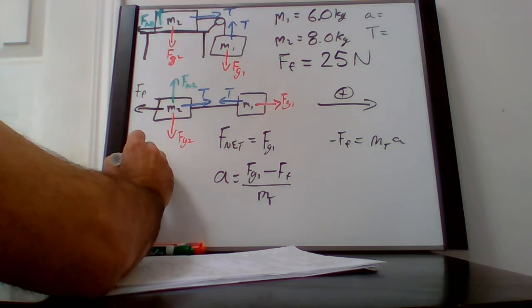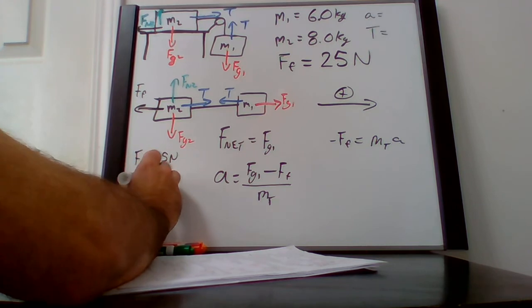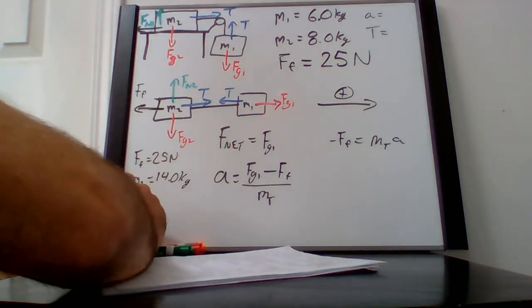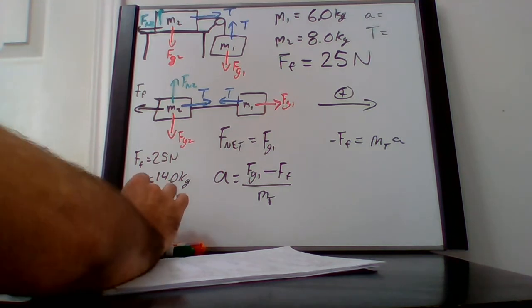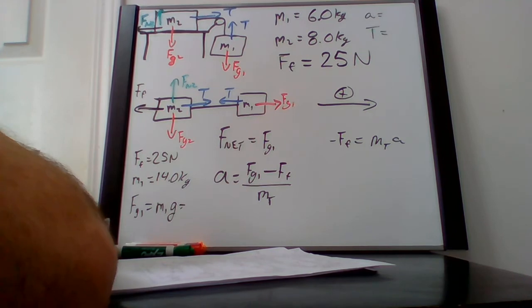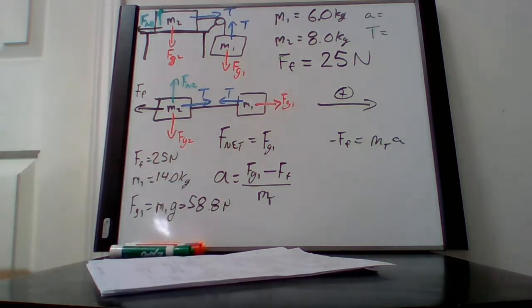All right, well, the force of friction we were given in the problem is 25 newtons. Our total mass is 14 kilograms, and our Fg1 is our m1 times g, which is a value of 58.8 newtons, as we've solved previously.